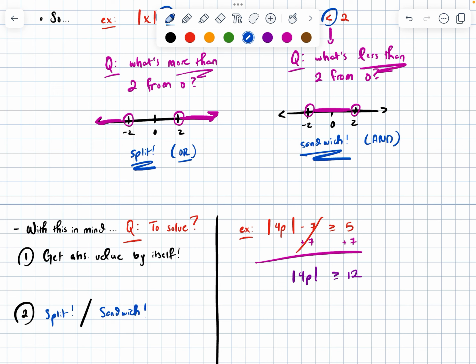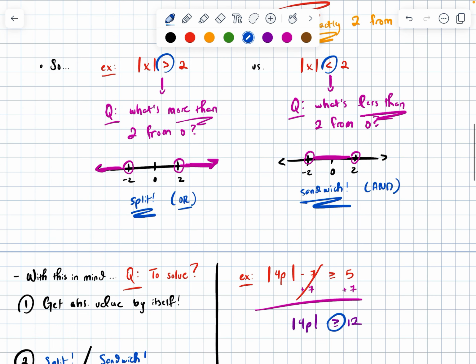It's going to be either my and statement or my or statement. And the way that I'm going to determine that is based on the symbol. As we see, my greater than symbol matches with my split, whereas my less than symbol matches with my sandwich.